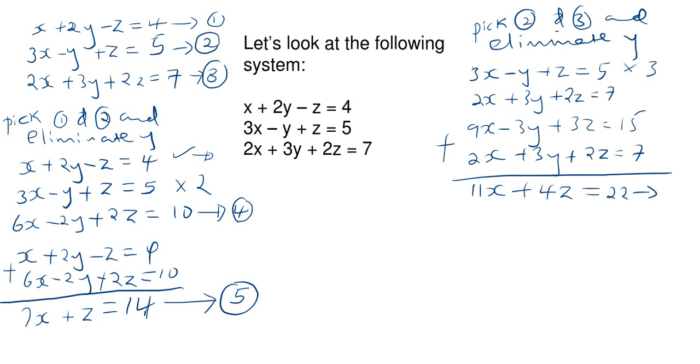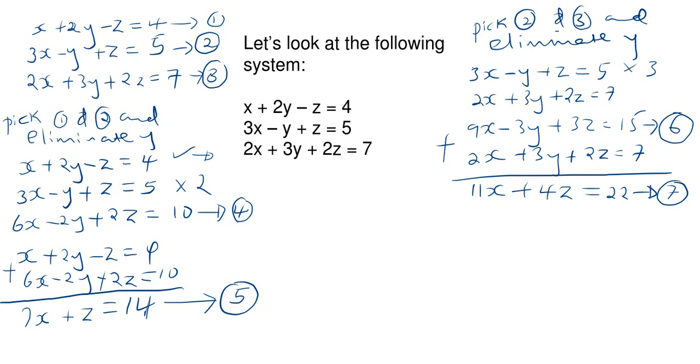And we can label this equation as equation number 7. Let's label it as 7 and this one as number 6 after we multiplied by 3. So we have that as 7.